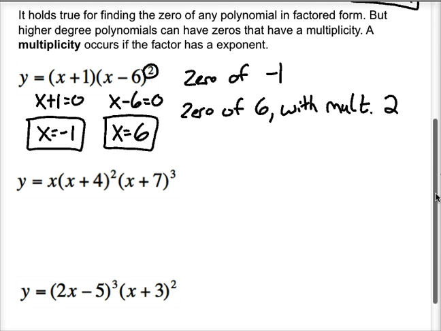Whenever the factor itself has an exponent, when you're stating the zeros, you have to state that multiplicity. So a 0 of -1, and a 0 of 6 with a multiplicity of 2 because that factor was originally squared.